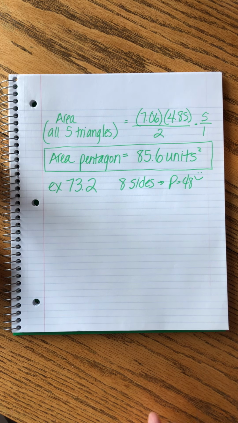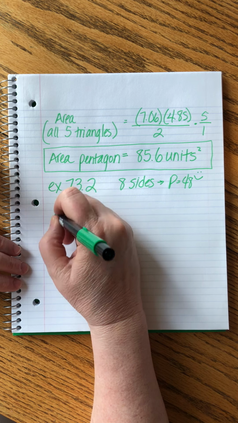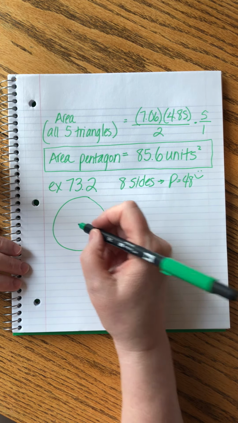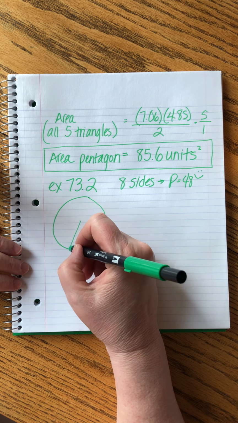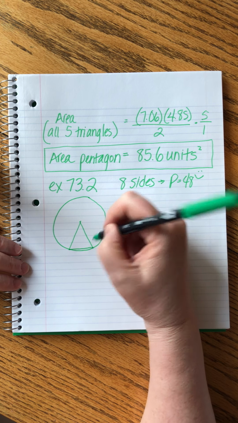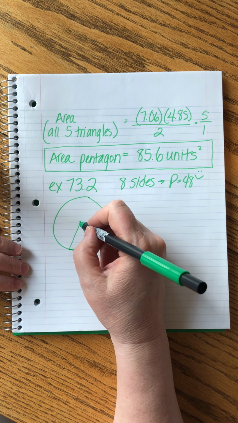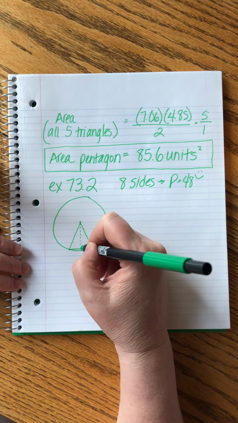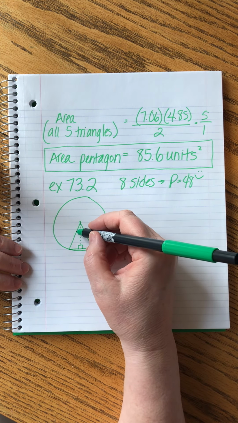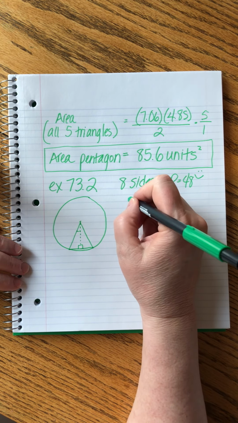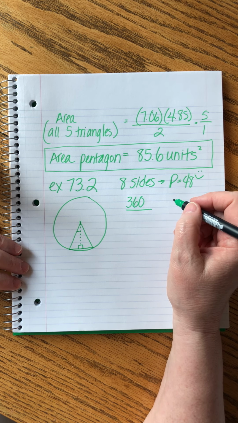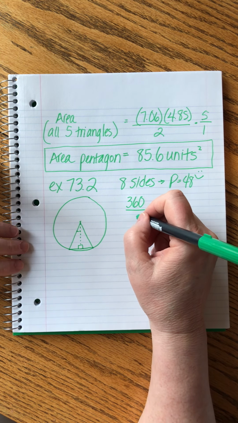That's fine. So what I'm gonna do is I'm gonna draw not the whole 8-sided thing, but I'm going to just tuck what I'm gonna pretend is one of those 8 triangles in here, okay? And I know I'm probably gonna wanna do that so that I can use trig functions on there, but I need to find the size of this angle. So I'm gonna take 360 and I'm gonna divide it by 8.